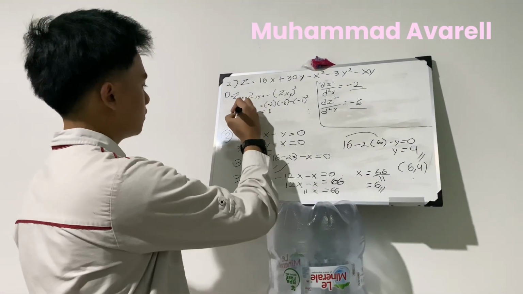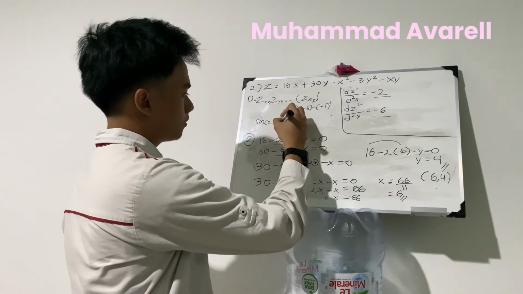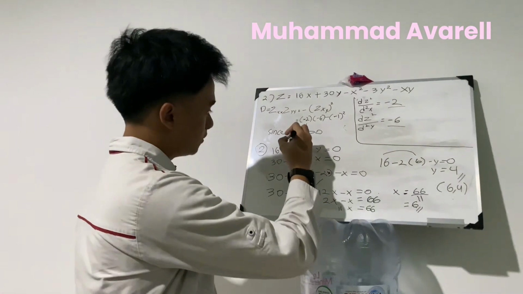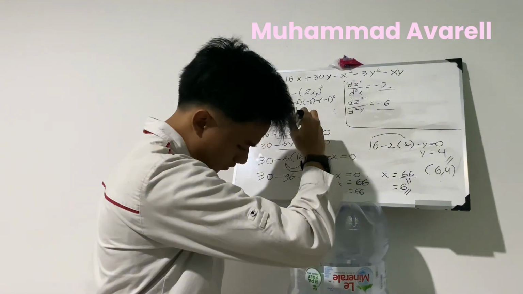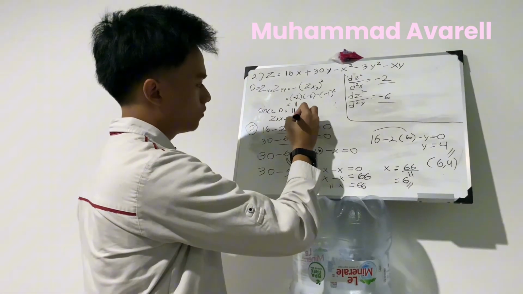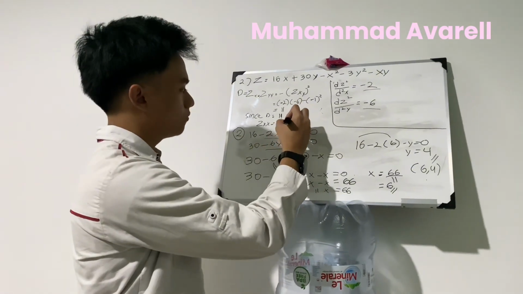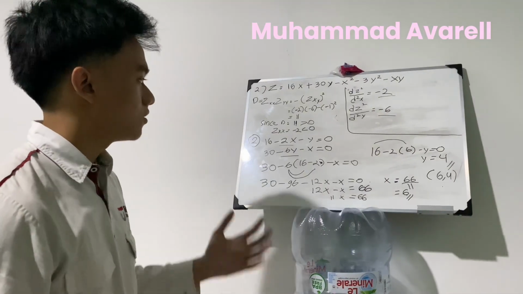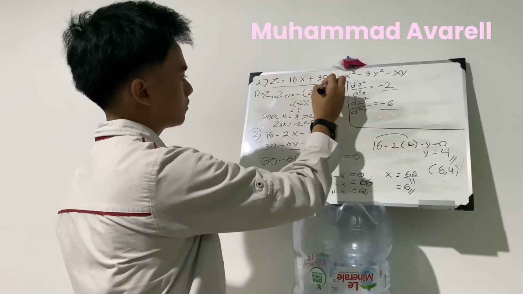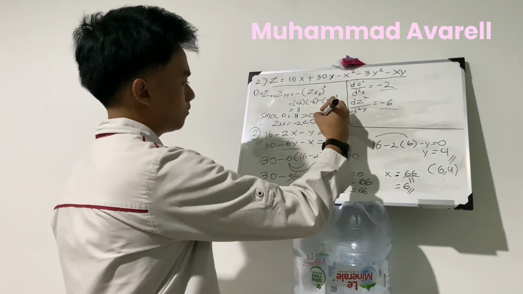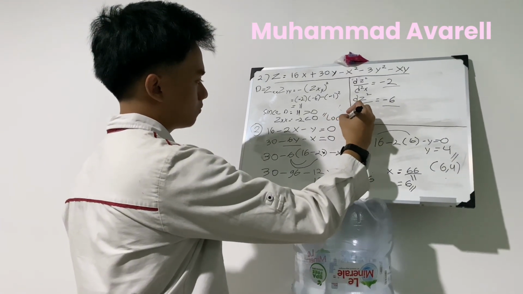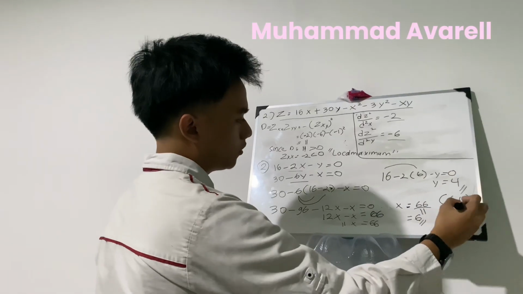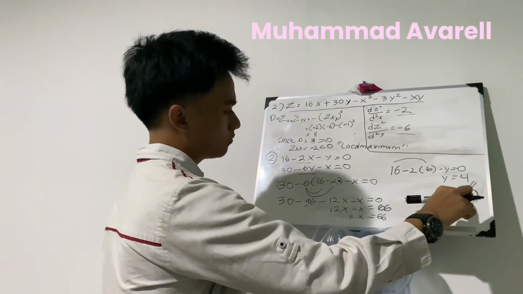Okay, since D equals 11 and 11 is bigger than 0, and then zxx is minus 2, which is smaller than 0, we can interpret that this equation is a local maximum because of the critical point at 6 and 4.